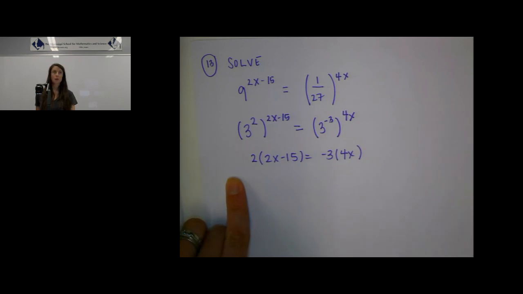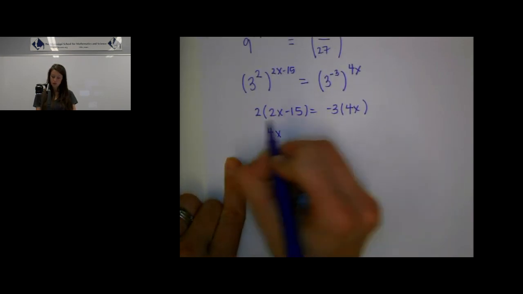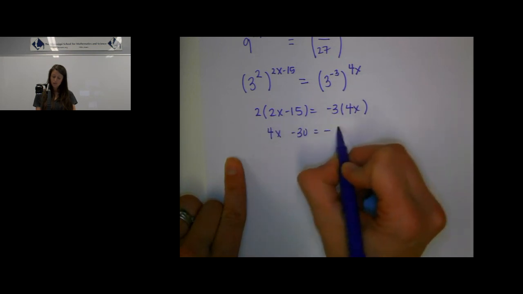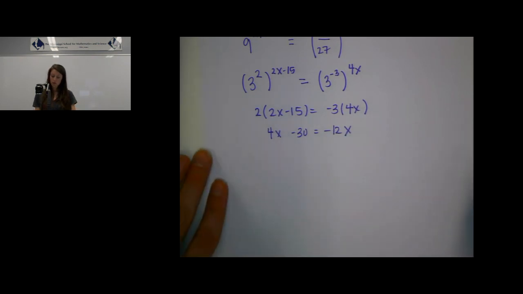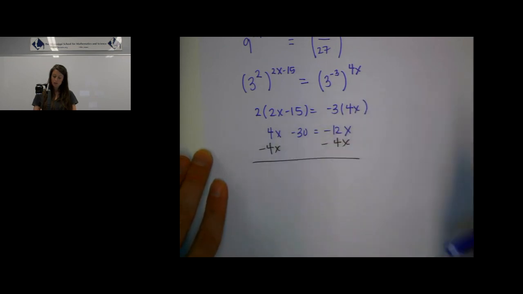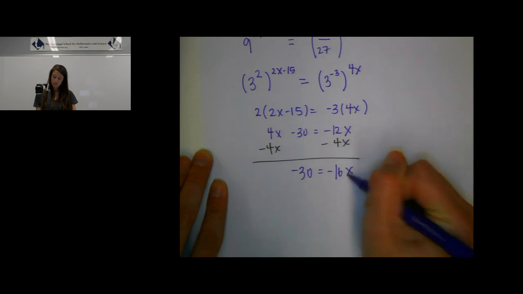So we can set the exponents equal to each other. So 2 times 2 gives you 4x. 2 times a negative 15 is a negative 30. Negative 3 times 4 is a negative 12x. And so this is just a linear equation, so I'm going to subtract my 4x on both sides here. So I'm going to get negative 30 is equal to negative 16x.